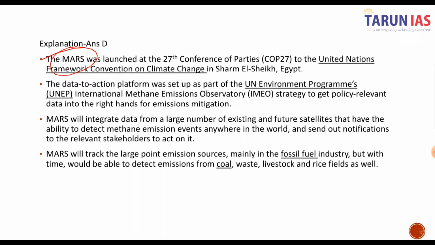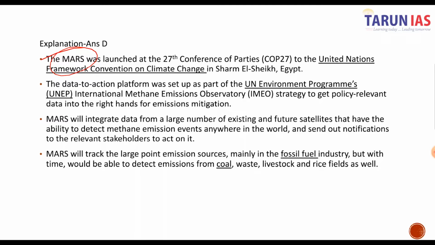The methane is also released by some underground plants as well. It is also released by the marshy lands, etc. So methane has been releasing, and with the melting of the ice, the methane is also being released from the permafrost, right? So this is why we need to observe the emission of methane, and we need to mitigate it, and we need to at the same time control the emission.